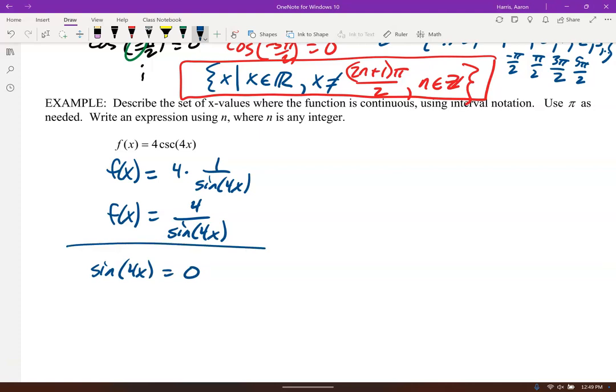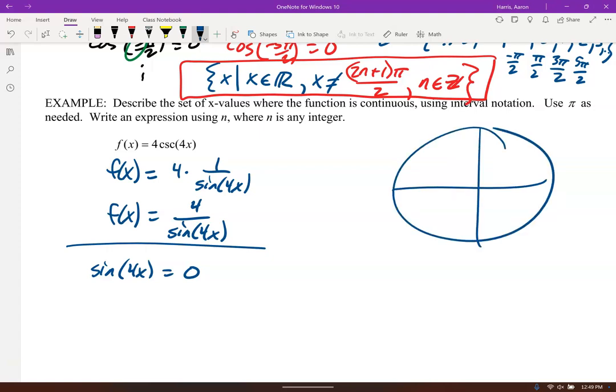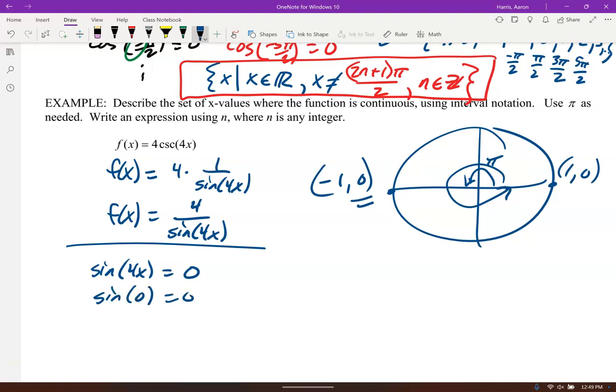So now if I'm looking at my unit circle, I know the sine of pi is 0, right? I know the sine of 2 pi is 0. I know the sine of 0, I should have started with 0 at that one. Sine of 0 is 0, sine of pi is 0, sine of 2 pi, and so on is 0.